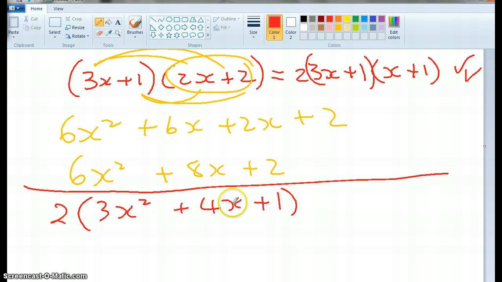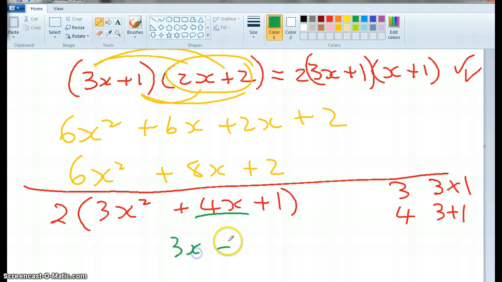But you've still got a problem, haven't you? Because you've still got the 3 here. So that's when I go 3 times 1 is 3, and my middle term is 4, and I'm looking for something that adds to the 4 and multiplies to the 3. So 3 times 1 and 3 plus 1. And that's where I take my middle term 4x and I turn it into 3x plus x.